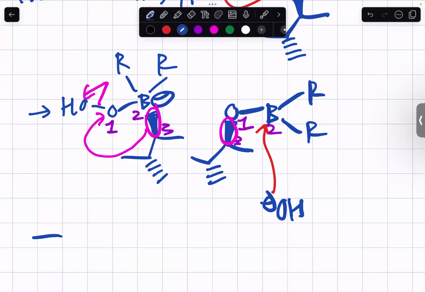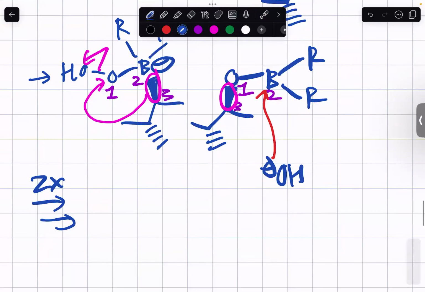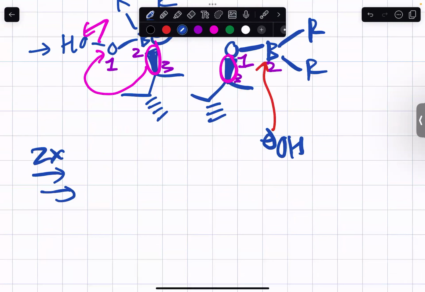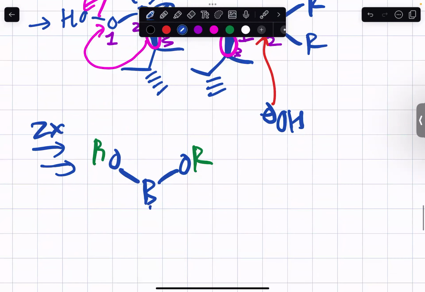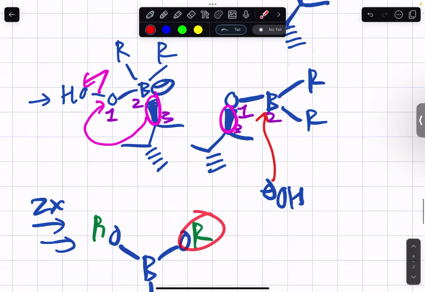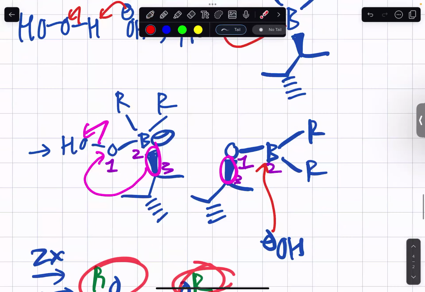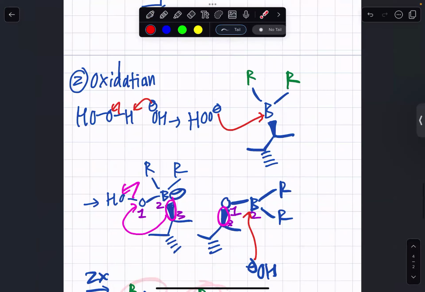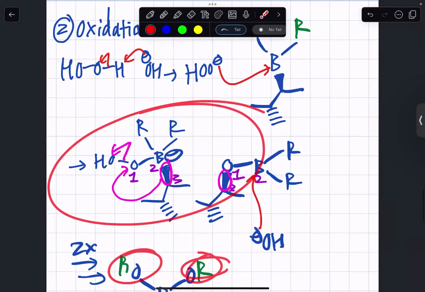and do this whole process 2 times to give you B(OR)3, right? I'm going to draw out one of those ORs here, right? Where this is the R group as this right here. These two things do the same exact mechanism as these over here, right?